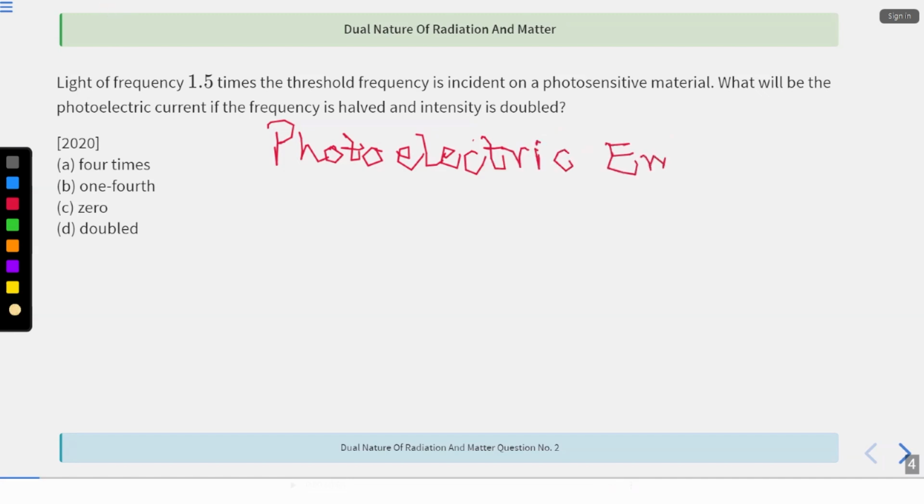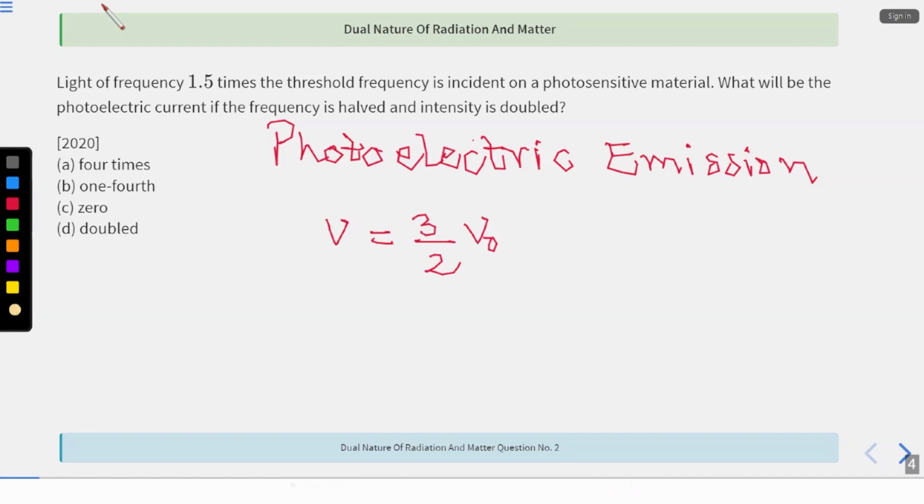And when we talk about photoelectric emission, we know that the light of frequency is 1.5 times the threshold frequency. Okay, so we can tell that our V, let's do it this way, is equal to 3 by 2 of V naught. Yes, 3 by 2 is nothing but 1.5, right?